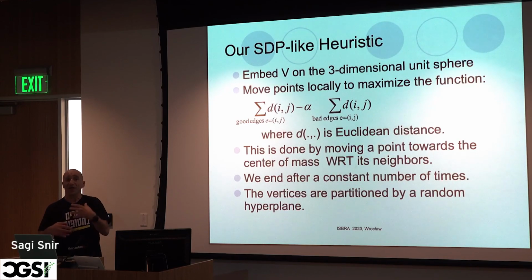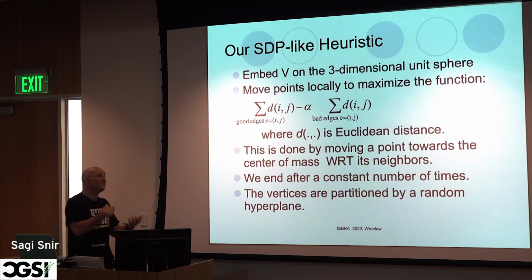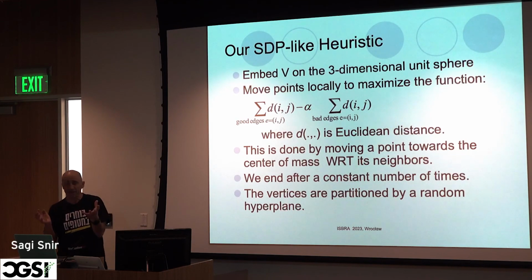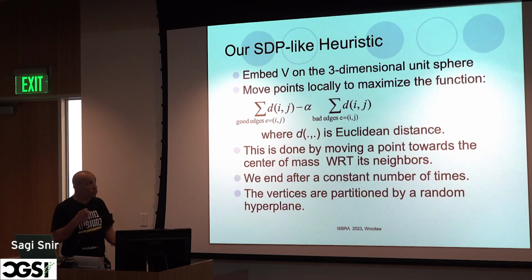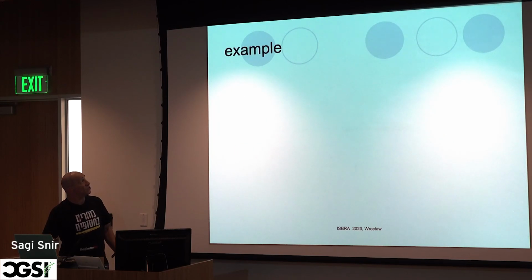So it's a heuristic over a heuristic, because the MaxCut is a heuristic and the SDP is a heuristic. But you need to actually control it somehow, and it turned out to be really fast and efficient in terms of performance.